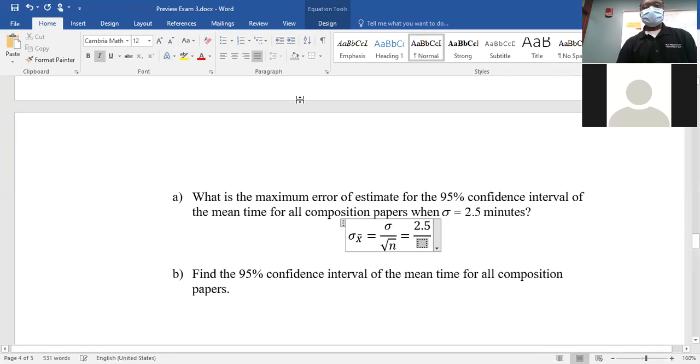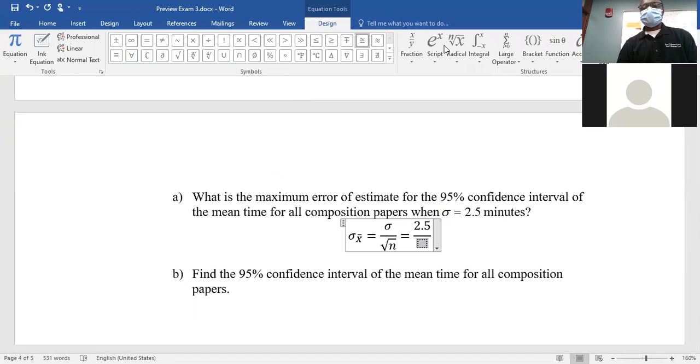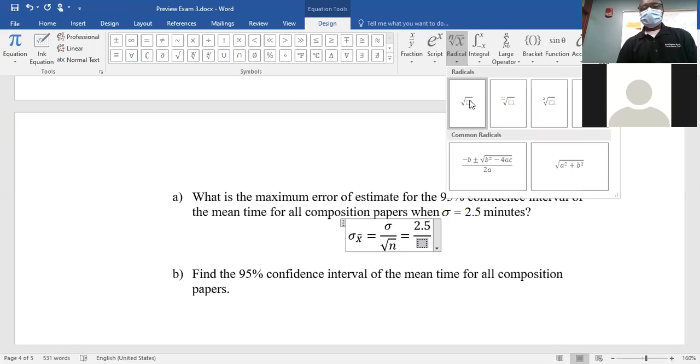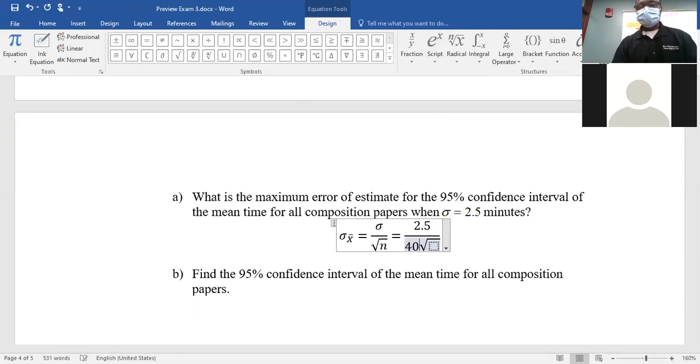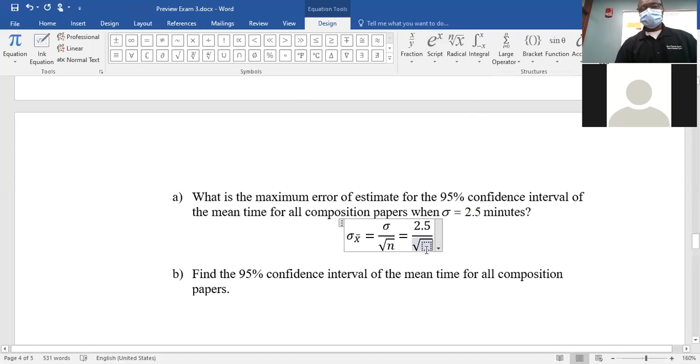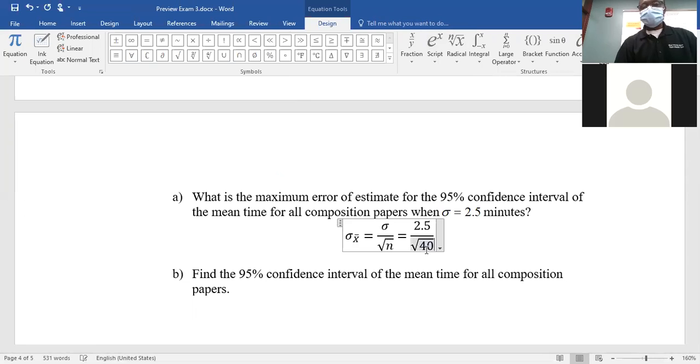I want to type square roots. So what is this equal to? 2.5 divided by square root of 40 is 0.395.